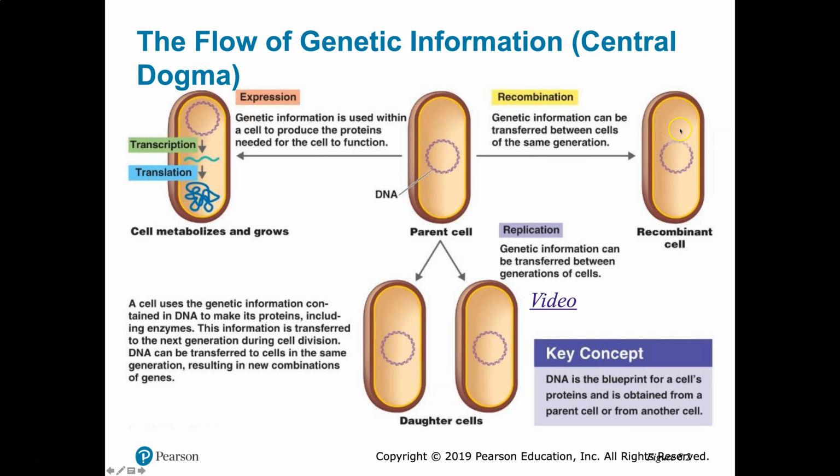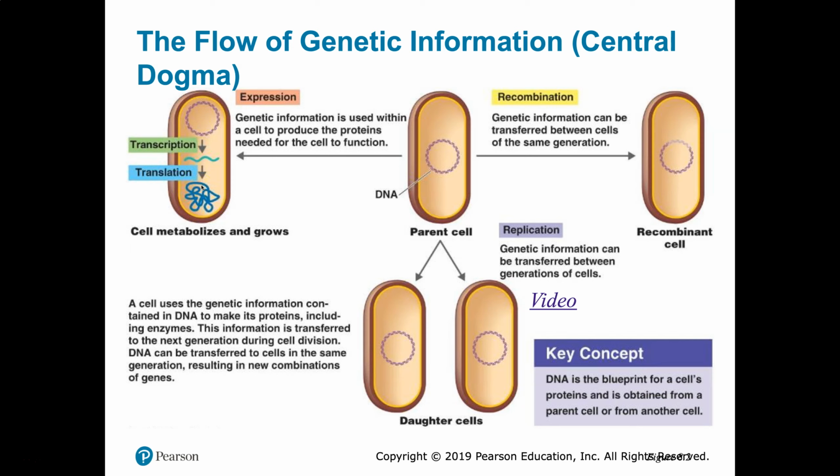Horizontal are these two right here, expression and recombination. And then vertical is this method right here, which is just replication. So when I say an example of horizontal gene transfer is expression, meaning you get protein expression.